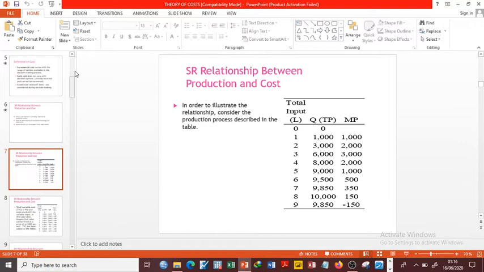This table shows us the total input, and in this case, the input in the production process is labor. And the output is also known as the total product, and then the marginal product.